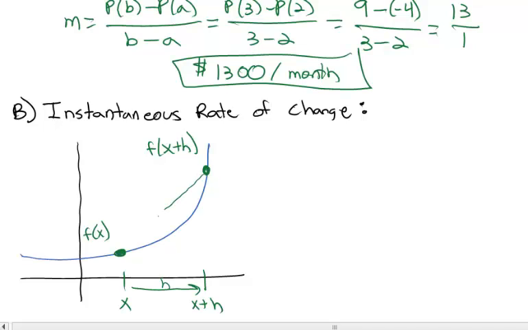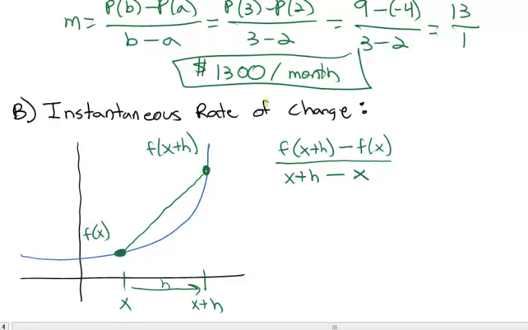And so again, if we wanted to find the slope of this line, that would tell us the average rate of change. This is what we just did before. It was y2, f of x plus h, minus y1, f of x, all over x2, which is x plus h, minus x1, which is just x.